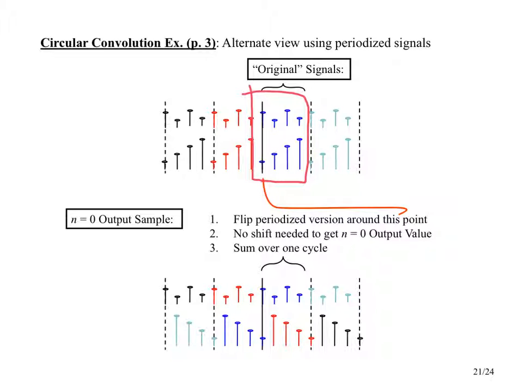We had our 2, our 1, our 2, and our 1. And then we have our 1, our 2.